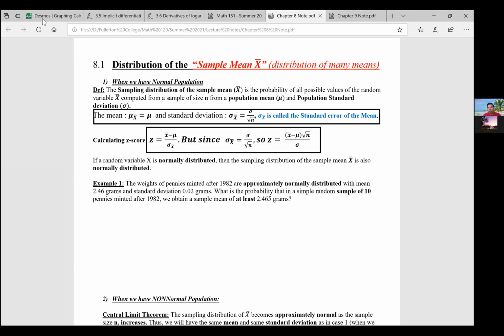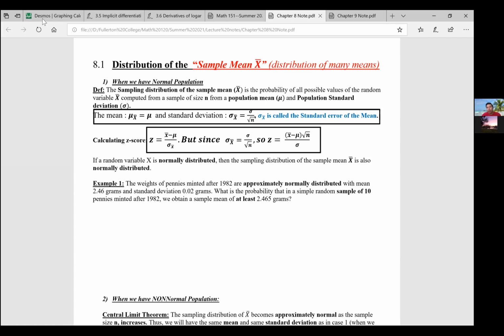And that's what we call the standard error of the mean. So you want to find out what is the uncertainty of the mean of all the means that you're going to put together. Okay, so that's the idea of 8.1.